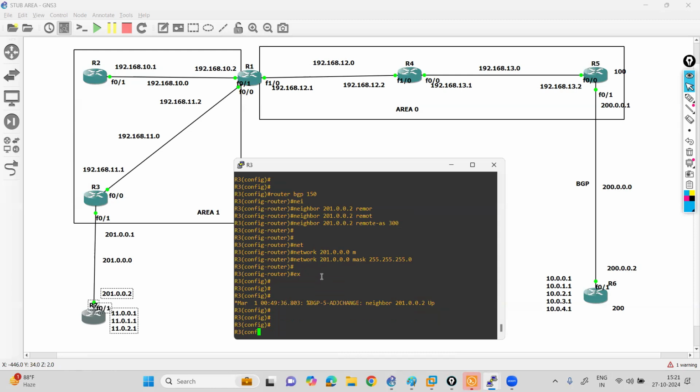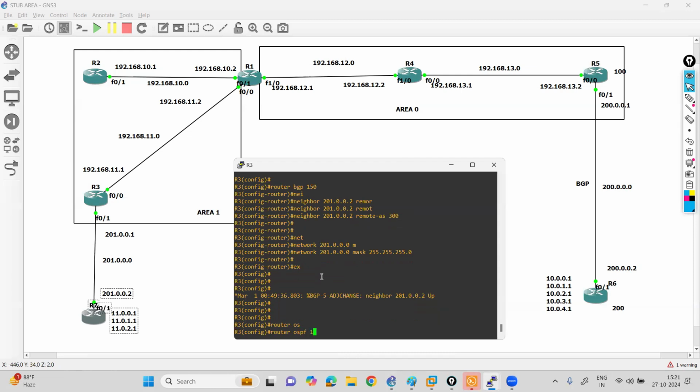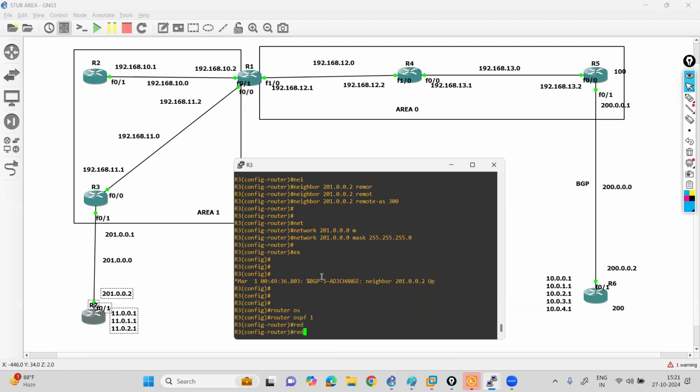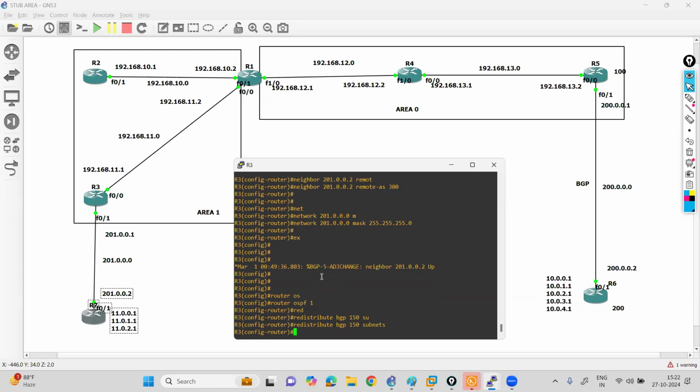So router OSPF 1. Okay. Redistribute BGP 150 subnets. Clear?